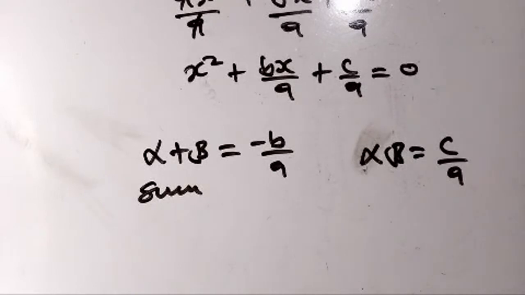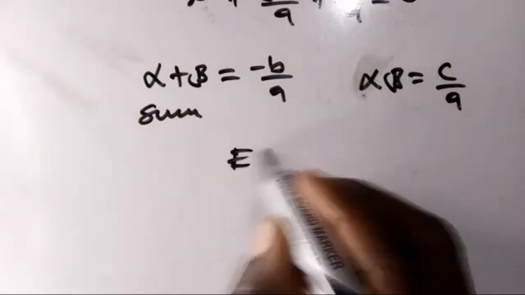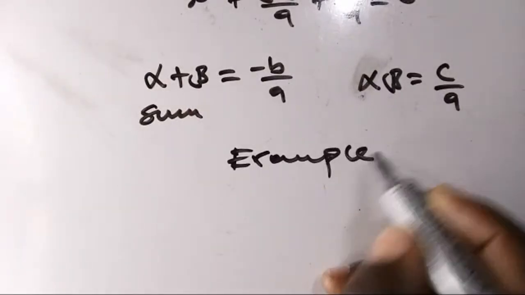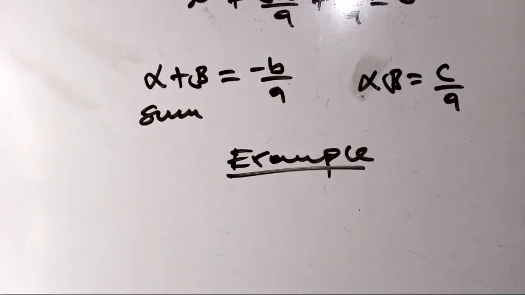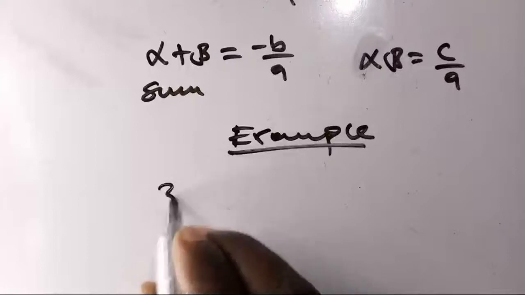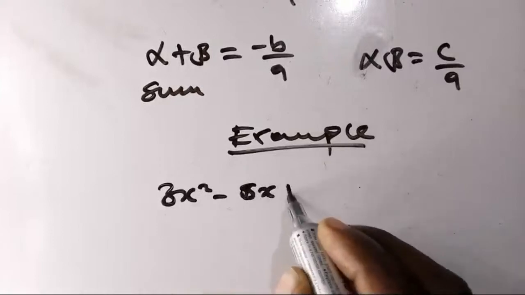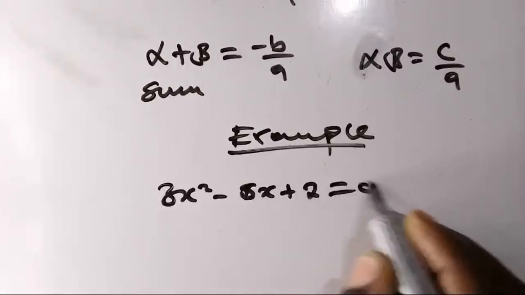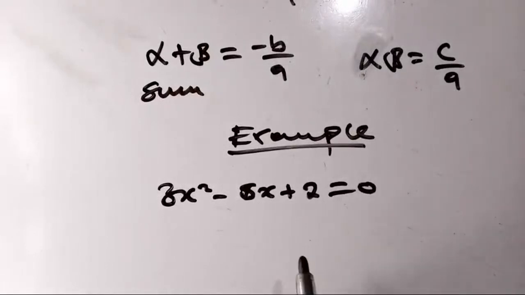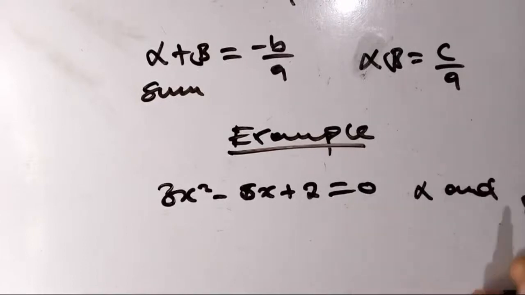So now let's try to work out one example here. Example: if you have this kind of quadratic equation, which is 3x squared minus 8x plus 2 equals 0, and we are told to find alpha and beta.